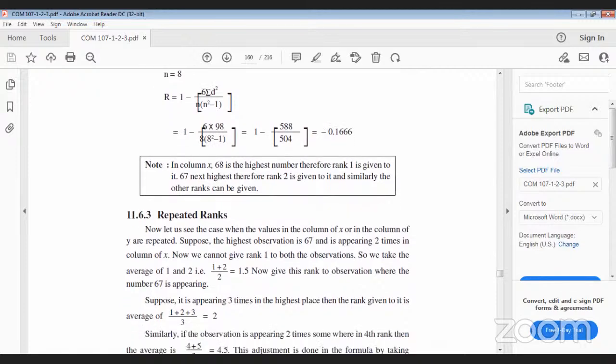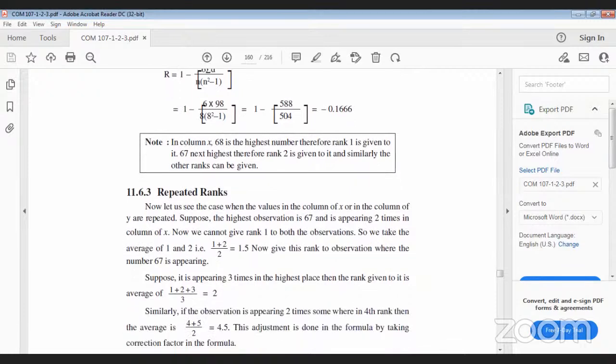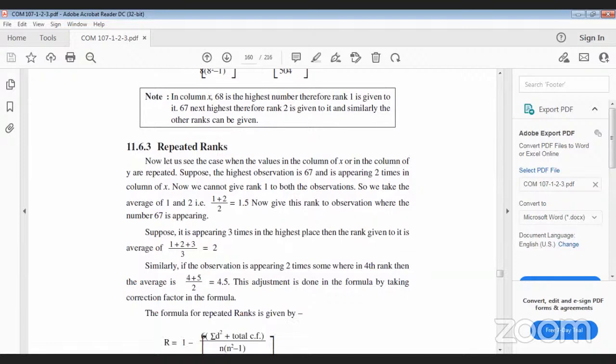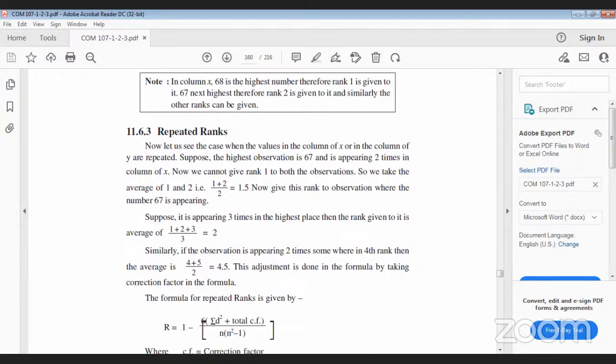Suppose it is appearing 3 times in the highest place, then the rank is given as the average of 1 plus 2 plus 3, which is equal to 6, divided by 3 because 3 numbers are there. So the rank given will be 2.